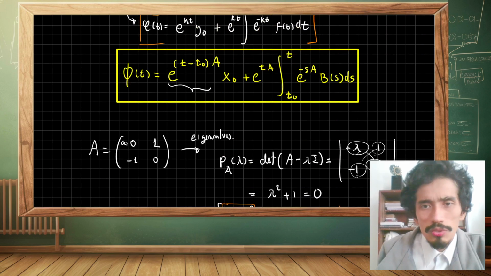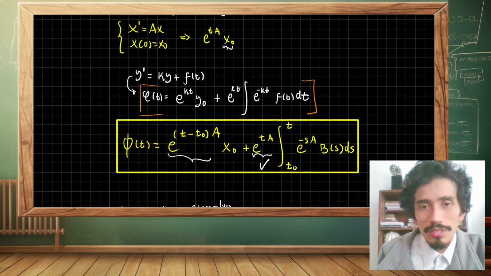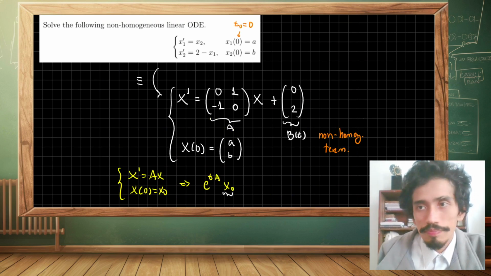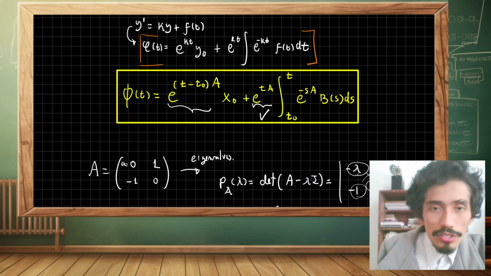So this helps us to calculate this. We have this. Now we need to calculate this one, but it is also trivial. Because the initial condition is 0, t sub 0 is equal to 0, so this term is 0, so it's the same.